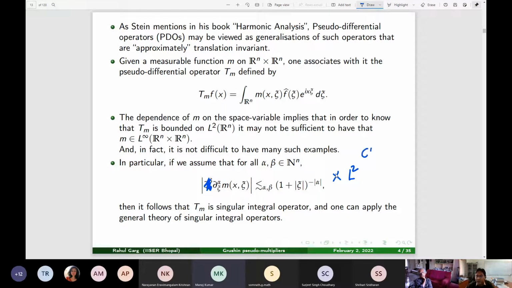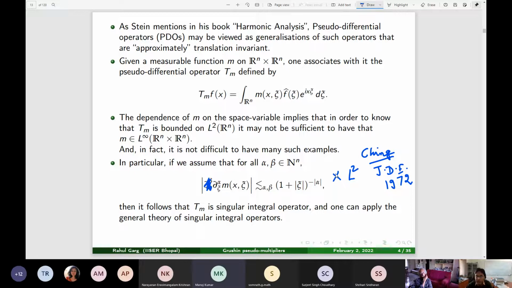Okay, so one can see the book of Stein also, but one can also look for the paper of Ching. This is in Journal of Differential Equations in 1972. He discussed much more questions. So this was the question asked by Nirenberg, it seems, in the past. So this was answered that this is insufficient for L2 boundedness.